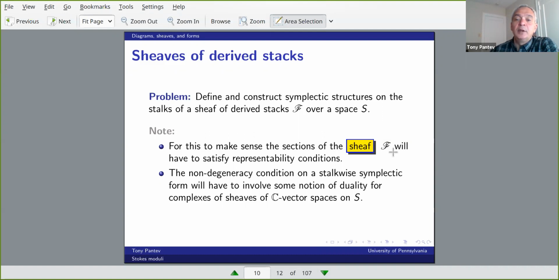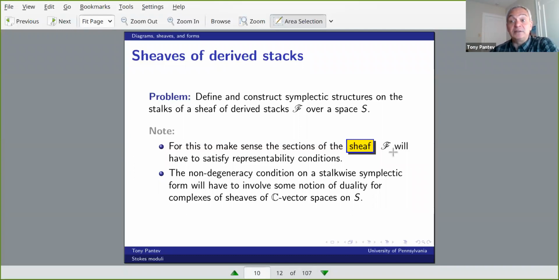And then you need to somehow come to grips with the non-degeneracy condition on the forms. So once you have enough of a structure to be able to talk about tangent complexes, you can talk about forms. But then you should be able to talk about the form being non-degenerate on the family.